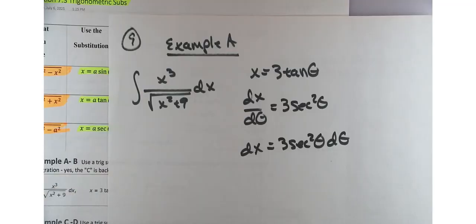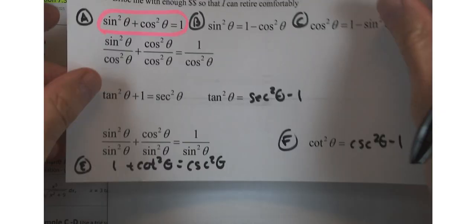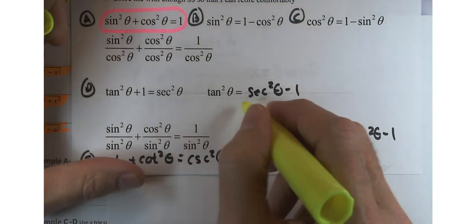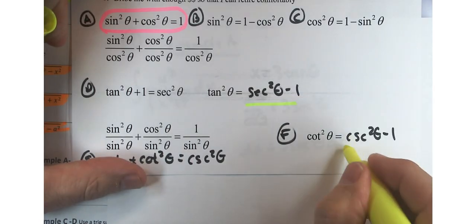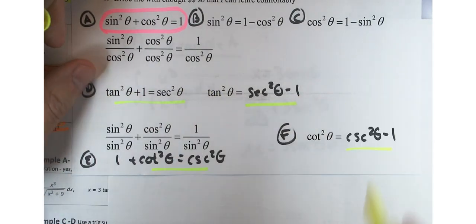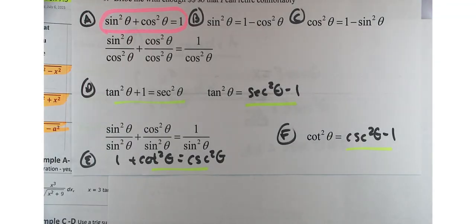So there's our substitution. It might also be helpful to keep around your identities from the last section again for other reasons. These identities are going to be really helpful in this section, in particular stuff like this, this, this, and this. Those are the ones that you might want to have handy for the work in section 7.3.